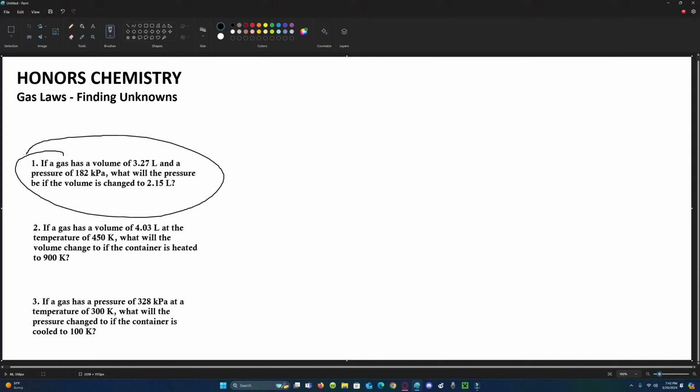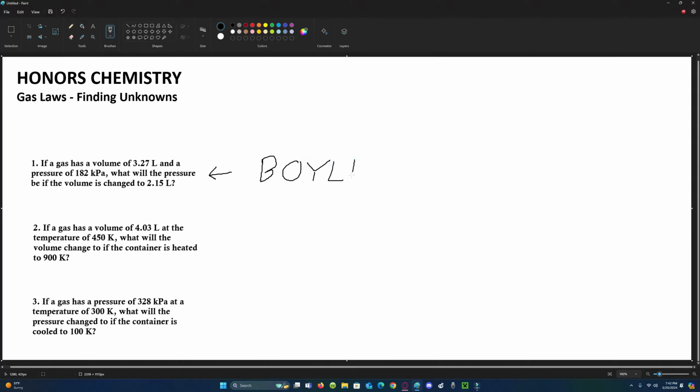Question number 1. If a gas has a volume of 3.27 liters and a pressure of 182 kilopascals, what will the pressure be if the volume is changed to 2.15 liters? So what we have to understand is that this problem utilizes what is called Boyle's law.